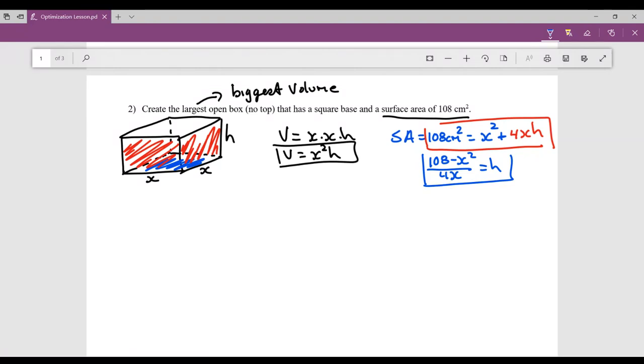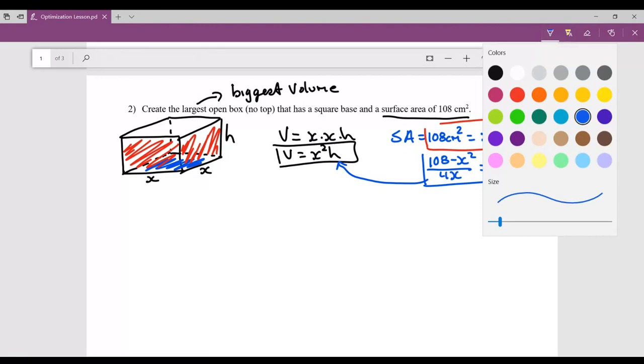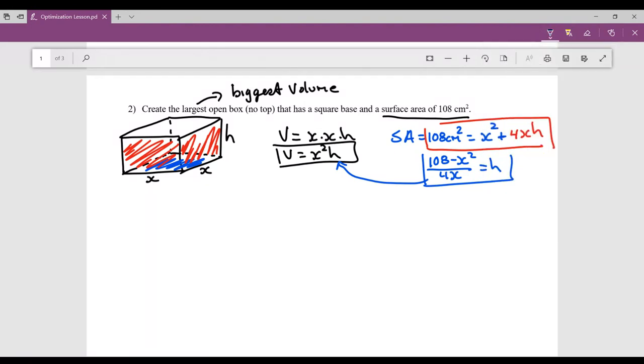So I rearranged it. This then gets subbed into that right there to generate one equation. Volume is equal to x squared times 108 minus x squared over 4x.